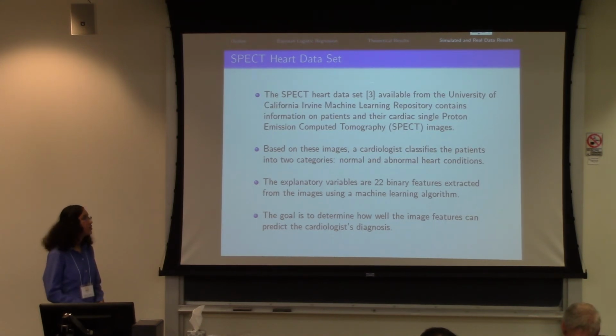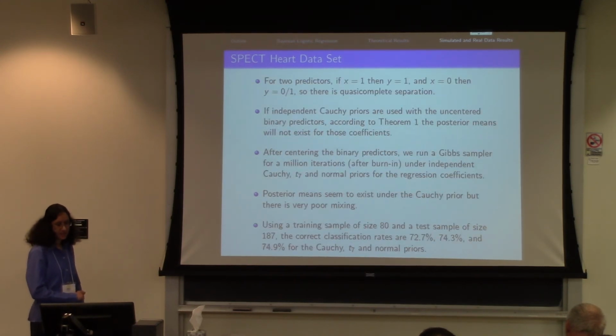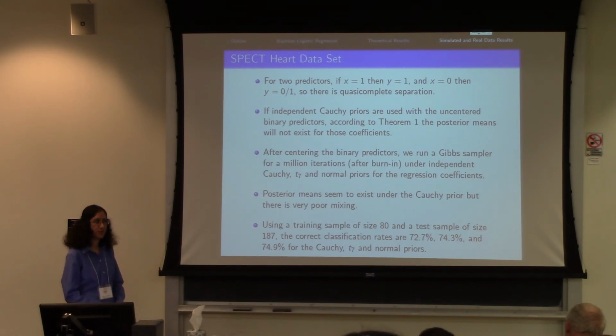And based on these images, 22 binary features were extracted using a machine learning algorithm. The goal is to see how well these 22 features can predict the cardiologist's diagnosis. And this is a data set where 2 of the predictors lead to quasi-complete separation.